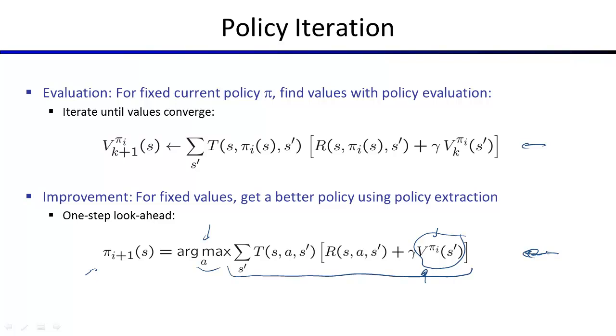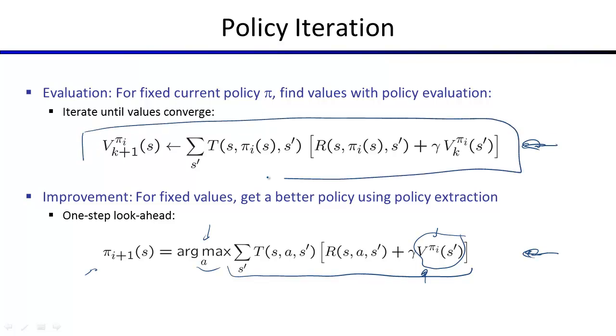You might say, well, what happens if for every state, the pick I make here gives me back the same as pi i of s? So pi i plus 1 equals pi i. That means you reach convergence. And what's interesting about that, once you've reached convergence, if pi i equals pi i plus 1, let's take a look at what actually happened here. The values we found satisfy this equation over here.